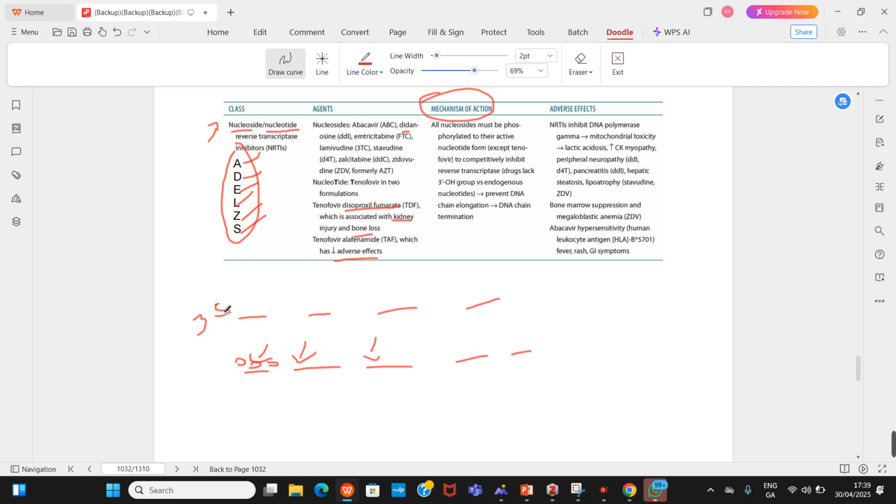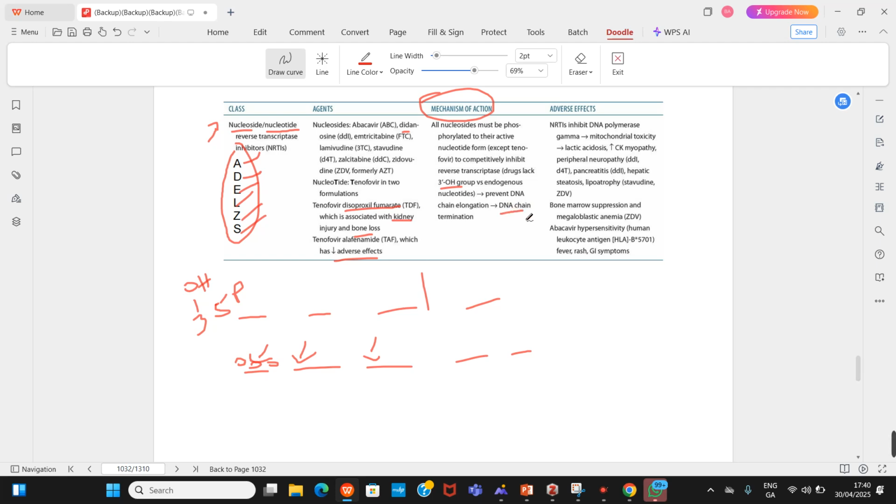The 5' part is the phosphate, the 3' part is the OH group of the nucleotide. Now, all these drugs, abacavir and zidovudine and the rest, lack this 3' OH group. They don't have it. So by the time reverse transcriptase mistakenly deposits them, they will not be able to form the next 3',5' bond. So that chain is going to be truncated. That's why they cause DNA chain termination.